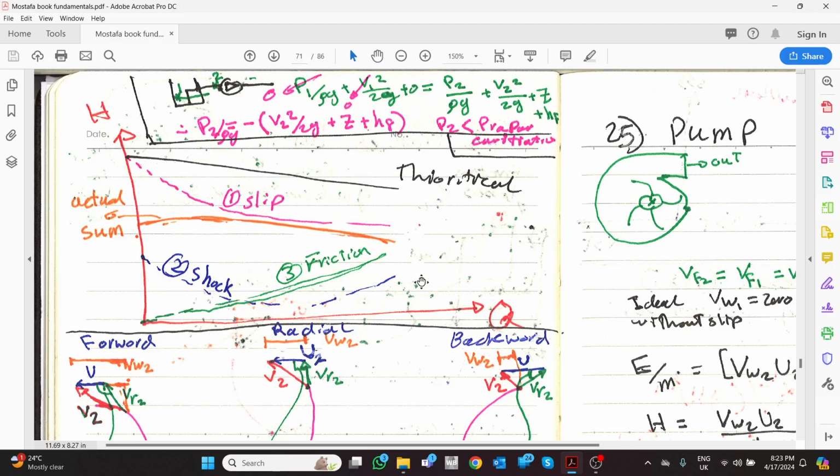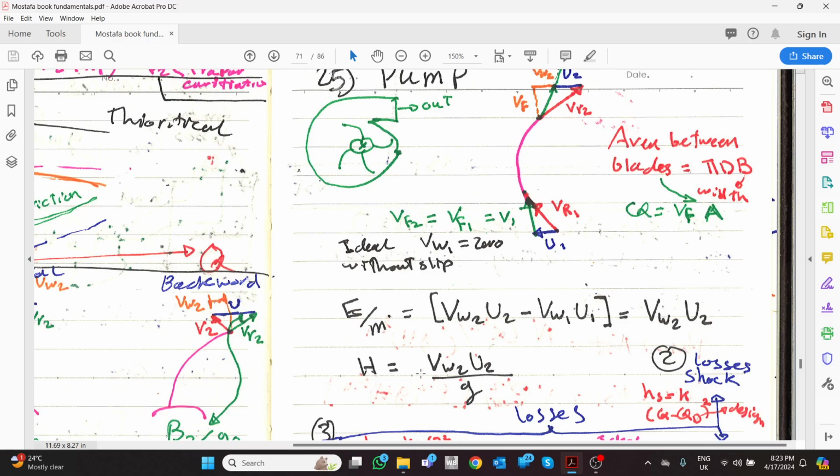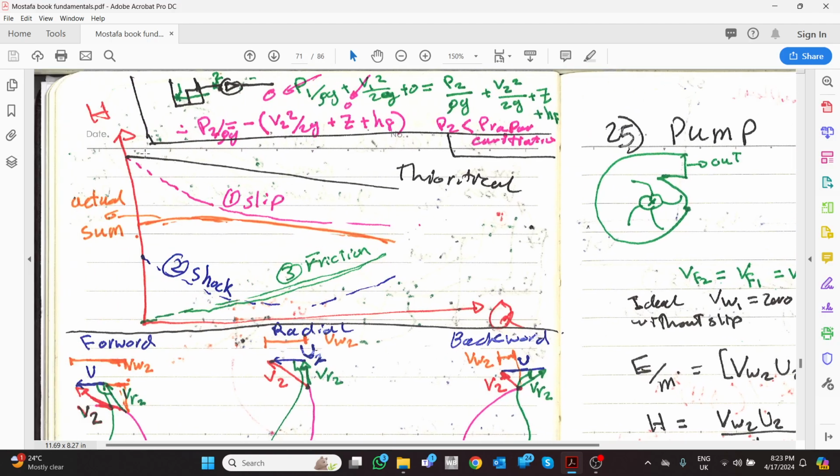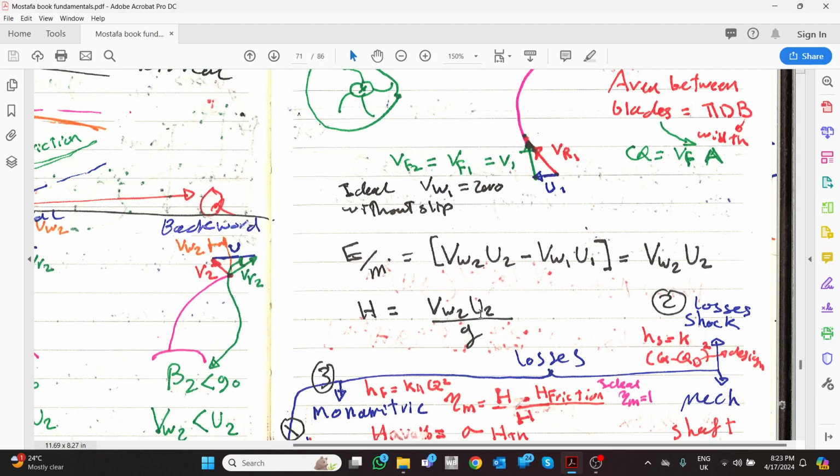Okay, now let's study what is going to happen. Based on here, we know head and Q. So Q is equal to area multiplied by velocity.